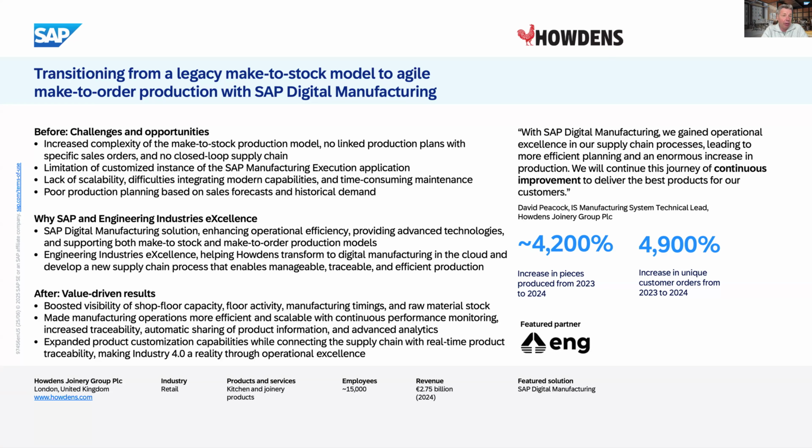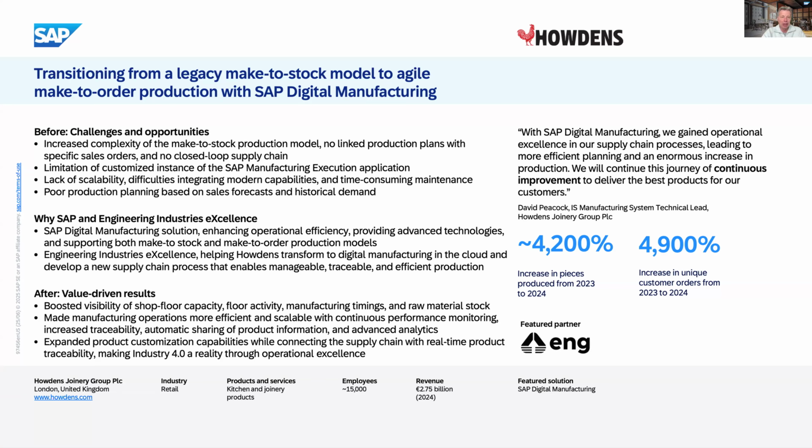So Odense, they are very well known in the UK, and they are specialized in furniture for kitchens. And as you can imagine, this is a very transforming industry and kind of business because everybody wants their own kitchen. You don't want to go somewhere and have the same kitchen as your neighbor.